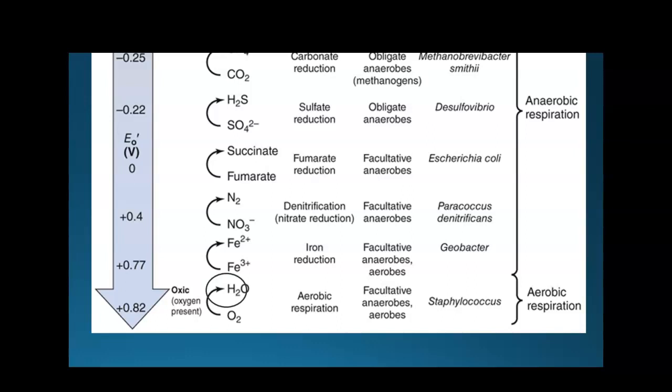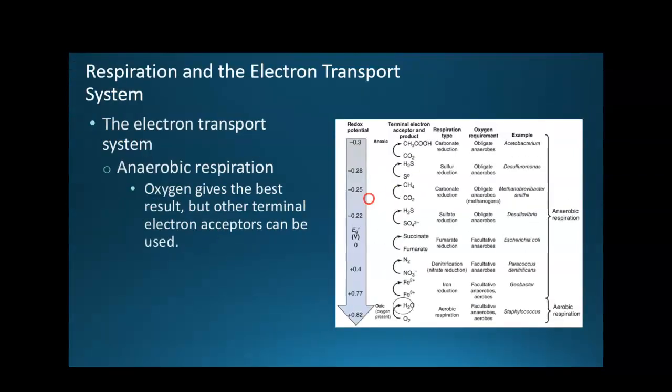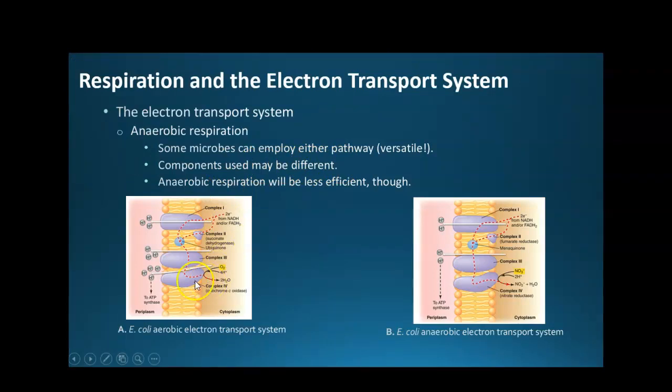But if you take away their oxygen and they can't use O2 as a final electron acceptor, they can switch over and accomplish anaerobic respiration. They will grow slower when they're doing their anaerobic respiration because they don't make as much ATP. E. coli is a classic example of a facultative anaerobe.